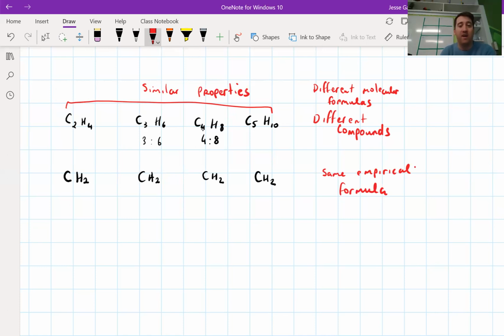Okay, you can probably predict what the next one in this family would be. These all belong to a family. Go ahead and think about now what the next one in this family would be. Yeah, so hopefully you've been thinking along the lines of C6H12. Exactly that will be the next one in this family with the same empirical formula. So you see how that works.